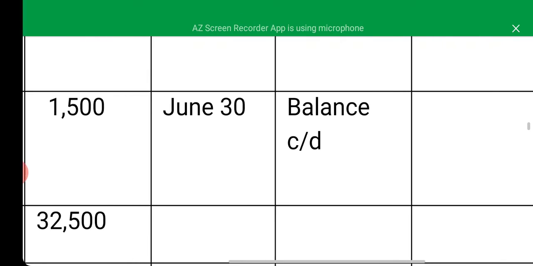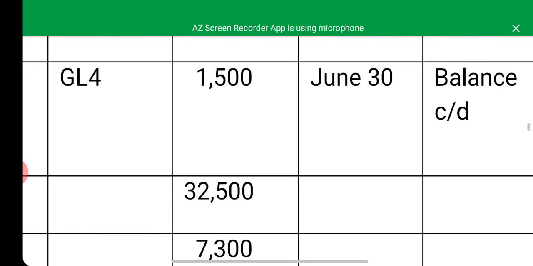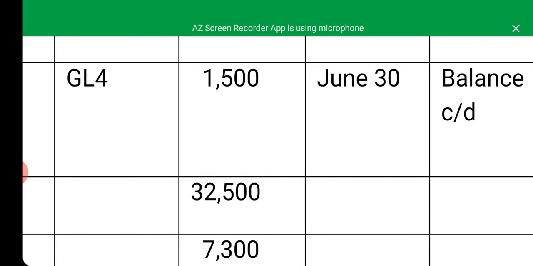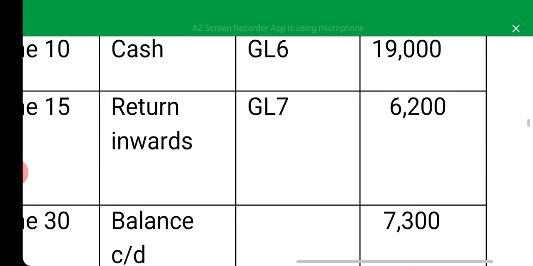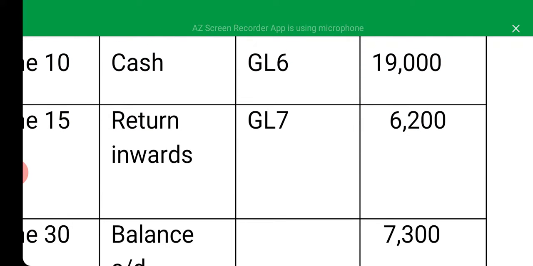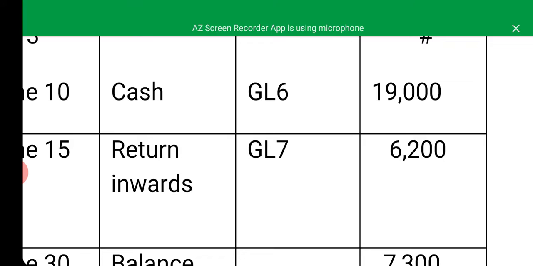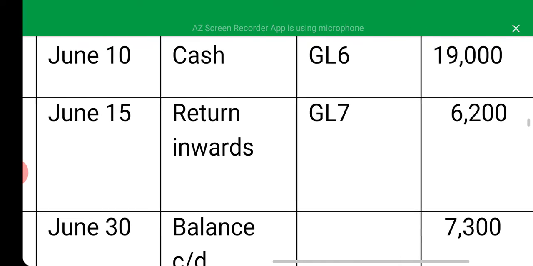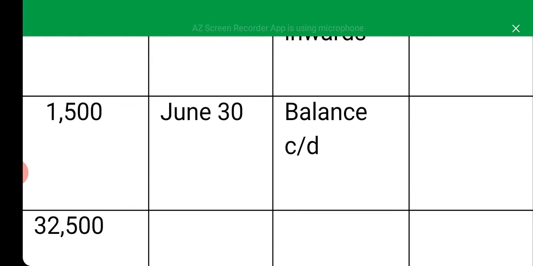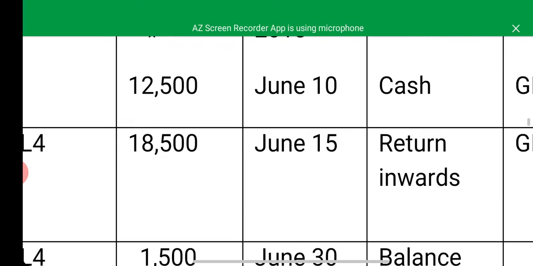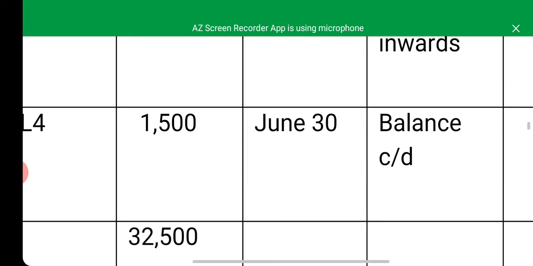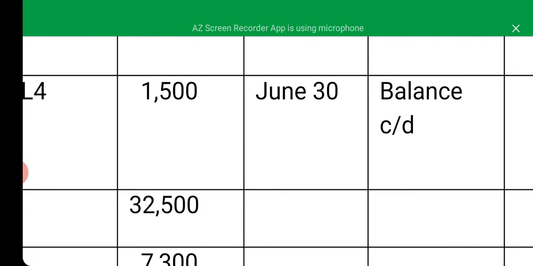The balance carried down here is the difference between the total in the debit side and the total in the credit side, meaning that the addition of 19,000 and 6,200 will be subtracted from the addition of the information we have in the debit side, which are 12,500, 18,500 and 1,500. This gives us 32,500 naira altogether.